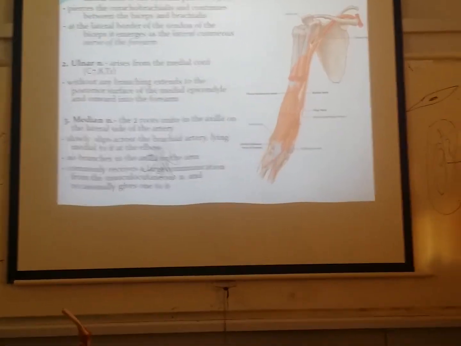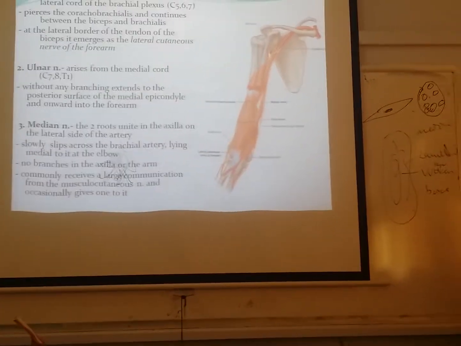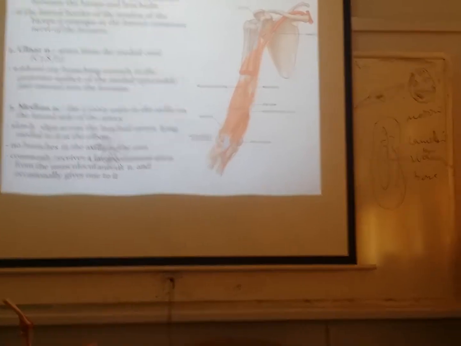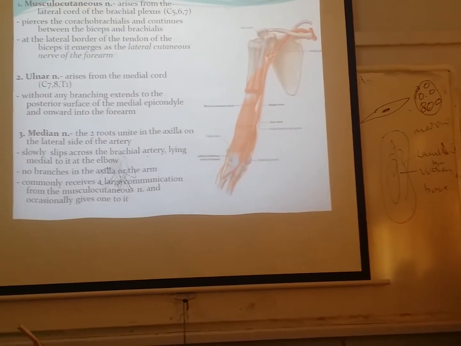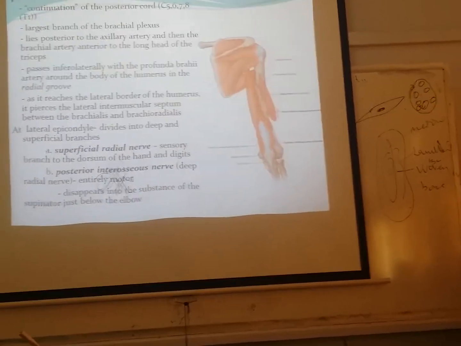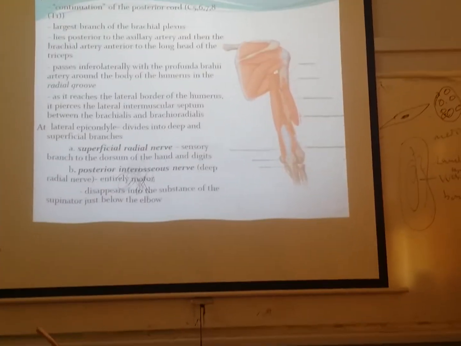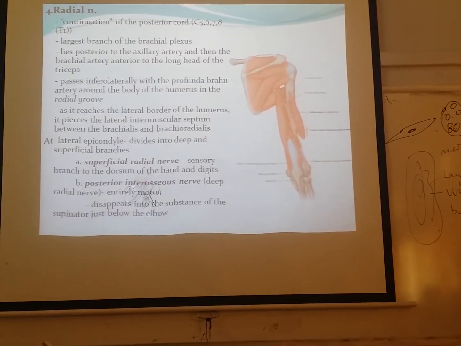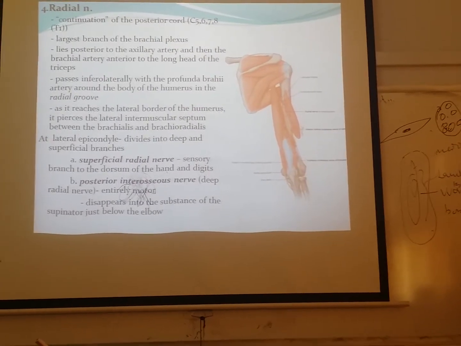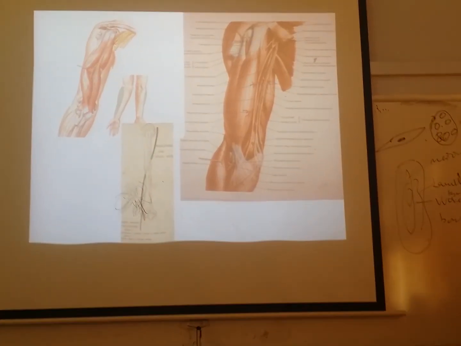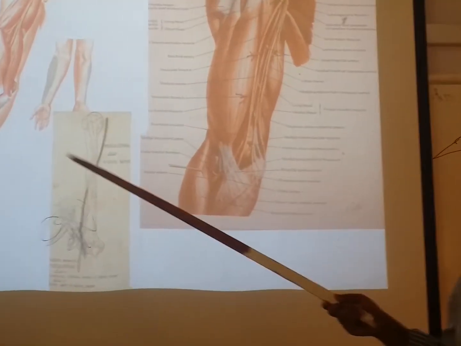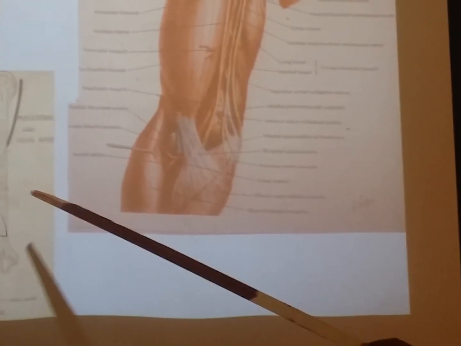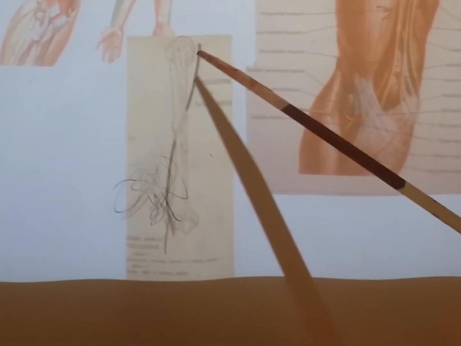So which is the nerve of the anterior compartment? Musculocutaneous nerve. Posterior compartment? Radial. So this is one more little story about the radial nerve. Because it has some clinical importance, I stressed a little upon the radial nerve.